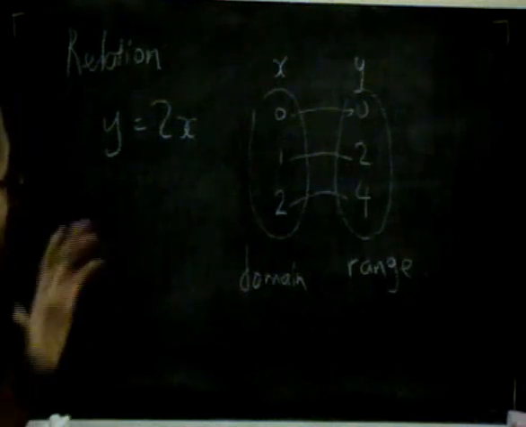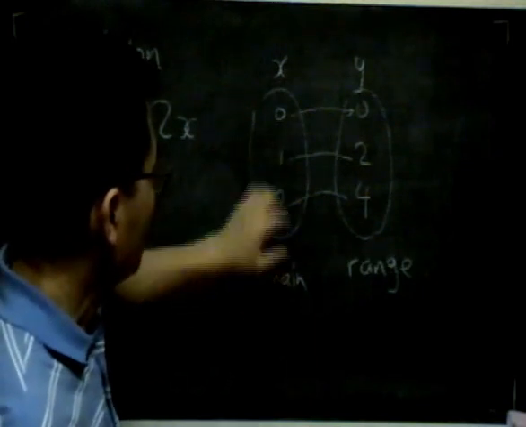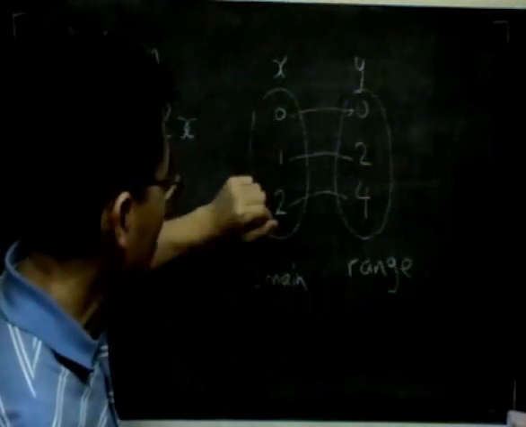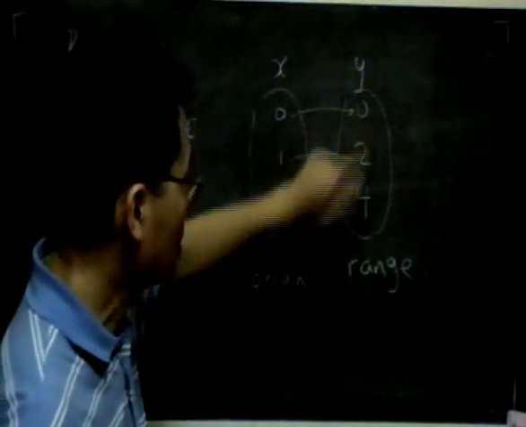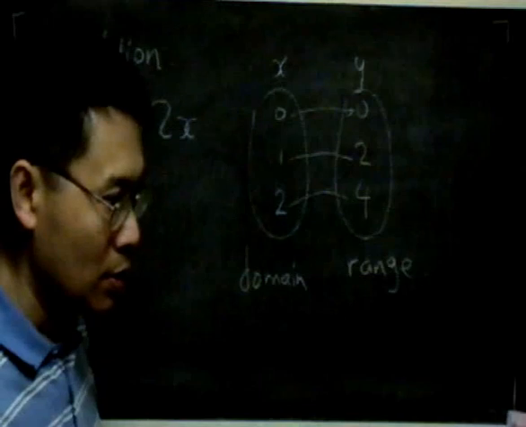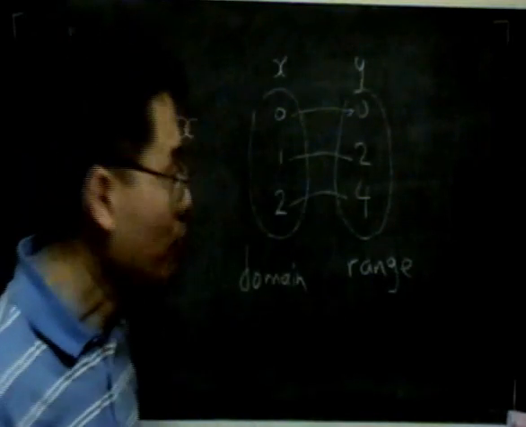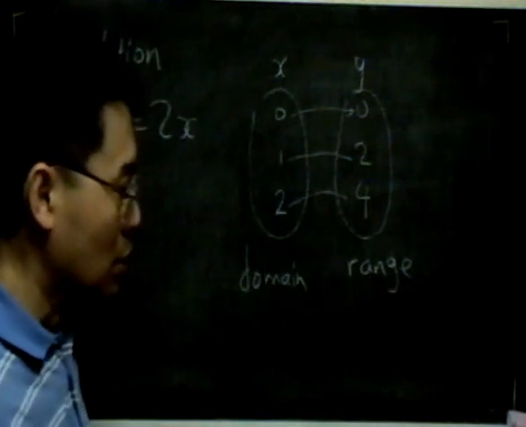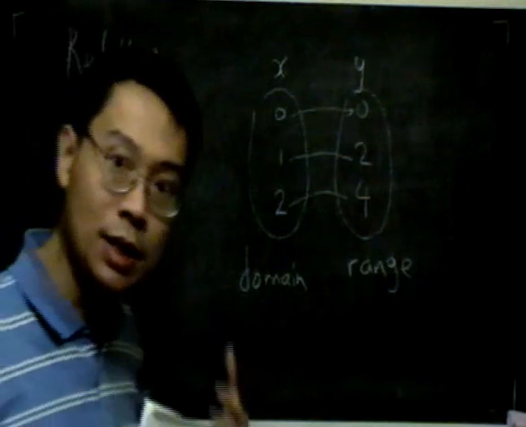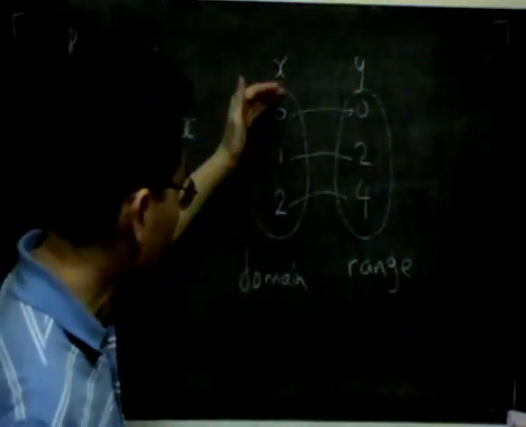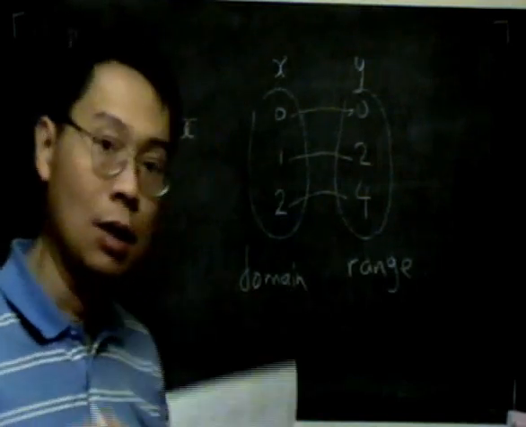And because there is this idea that there is a first number, and this first number is related to the second number, there is this idea of going from the first number to the second number. Now, in mathematics, we call this idea of going from one number to the other number mapping.